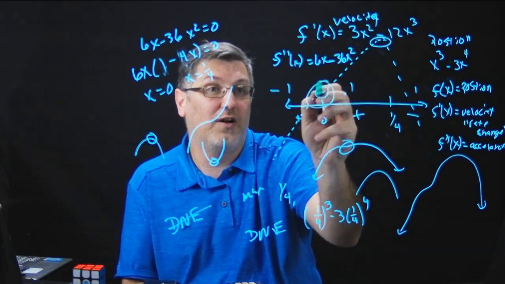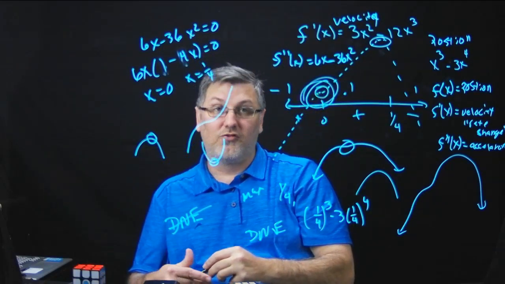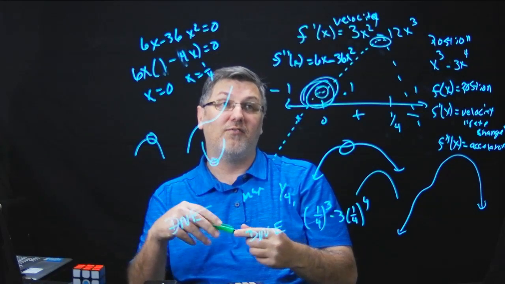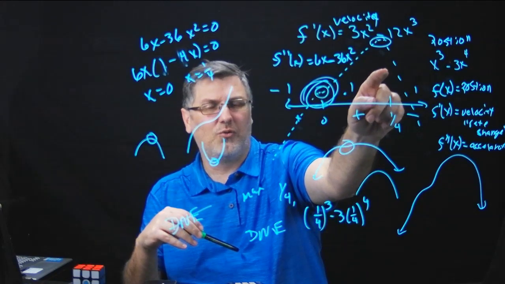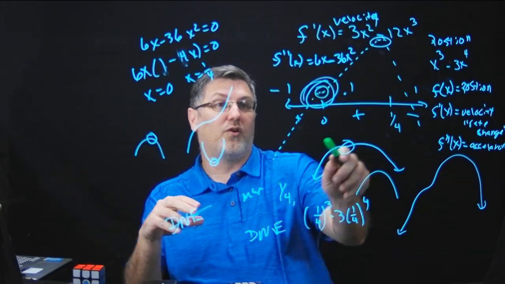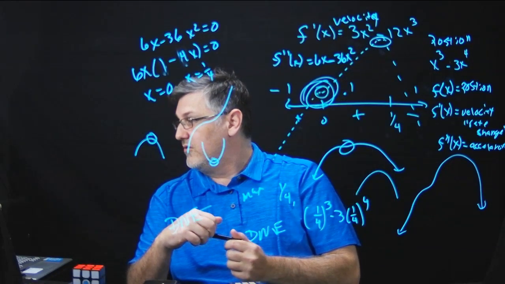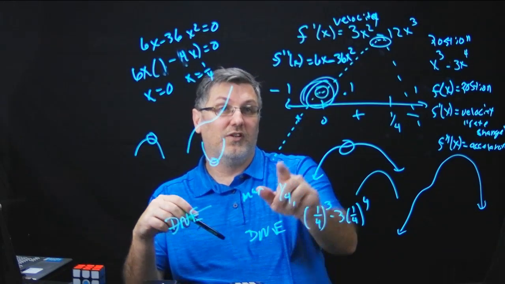Now, this spot at 0 on the first derivative is going to be inconclusive when you do the second derivative test, because there's not actually a change in concavity. There's only one change in concavity, and that's at the 1/4, because it goes from increasing to decreasing, so it's going to change in concavity. So just one concave down. This should be inconclusive.